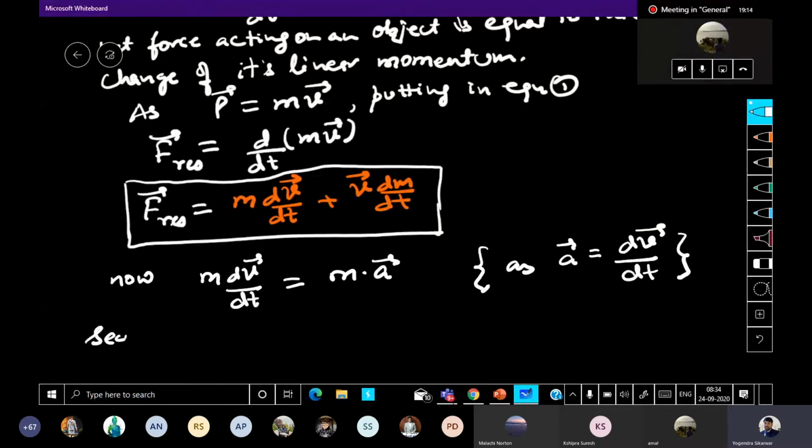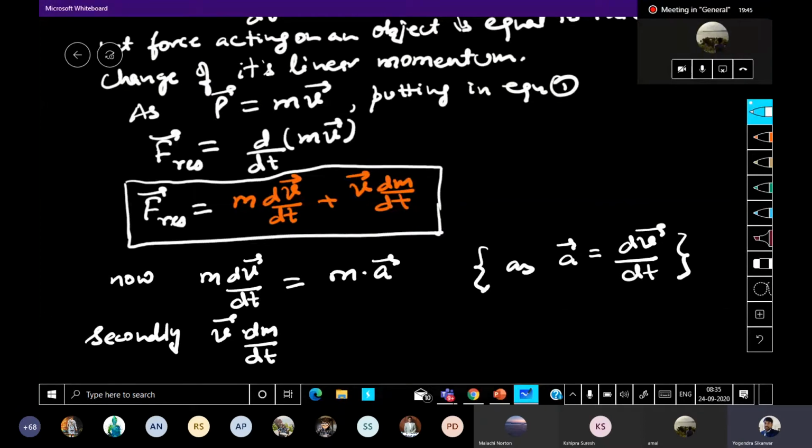Secondly, v into dm by dt. See, in usual cases, when mass of an object is constant, then dm by dt will be 0, and this force would have been 0.